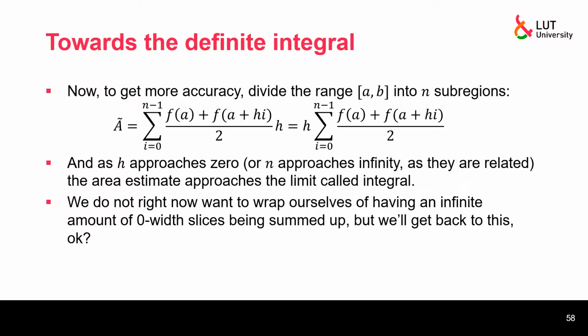The h is swapping from different sides. So then when the h goes to 0 and we get more and more slices, we should get a more accurate estimation by this kind of a numerical calculation as well.